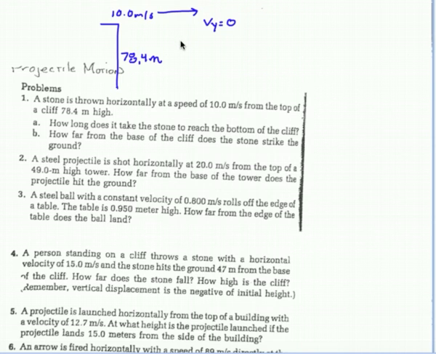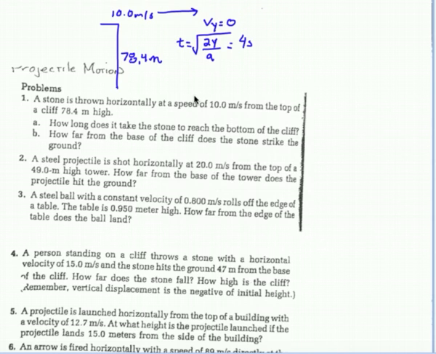So we use our kinematics equation, t equals the square root of 2 times the distance in the y direction over acceleration, and we should get about 4 seconds here using 78.4 for y. So now we know how long it's going to take the ball to drop 78.4 meters.